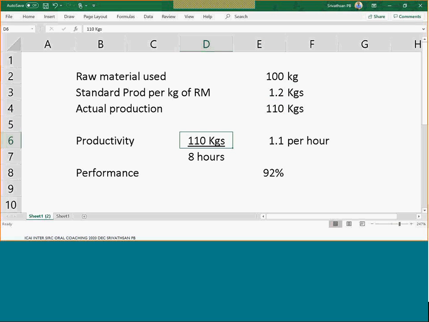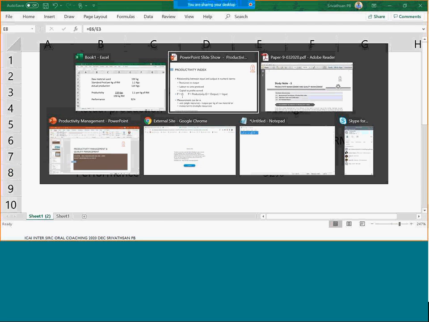So I am using raw material, so my output is 1 kg for 1 kg raw material, but I should have done 1.2. My productivity is at 9% of my expectation standard.